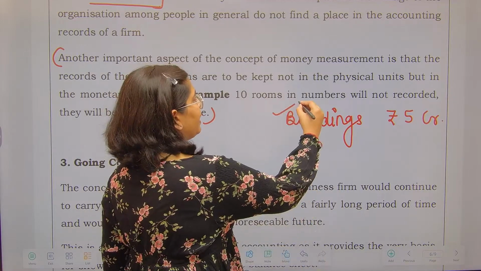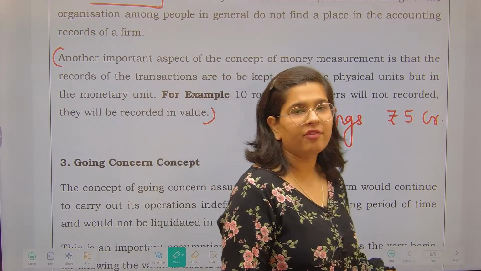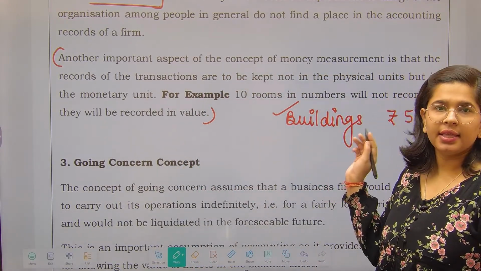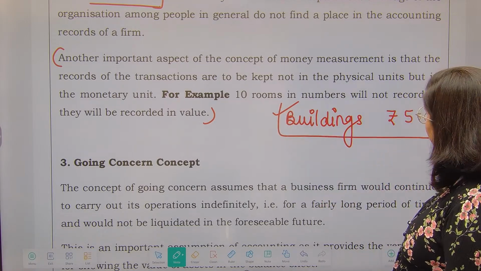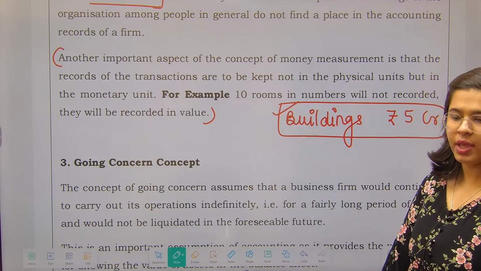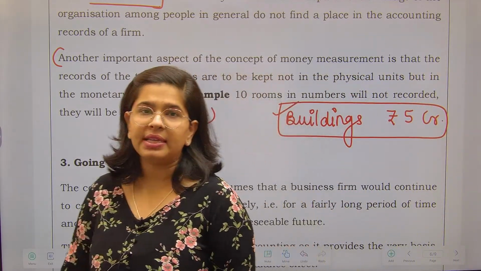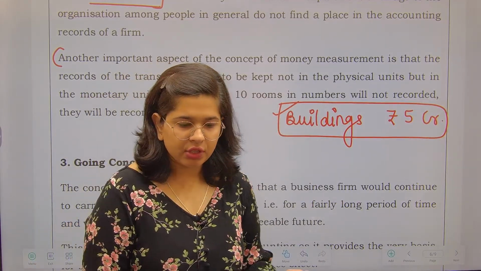In the balance sheet there will be a column of buildings only, and in front of that 5 crore will be written. This is how we will record. It is said that under money measurement, every asset and every liability will be recorded at its money worth.